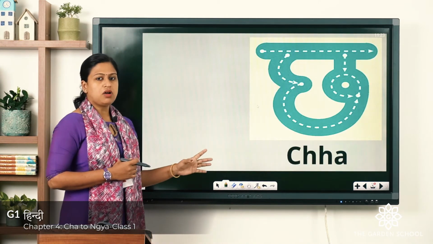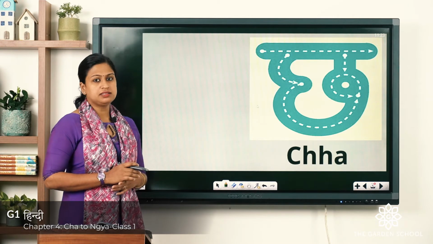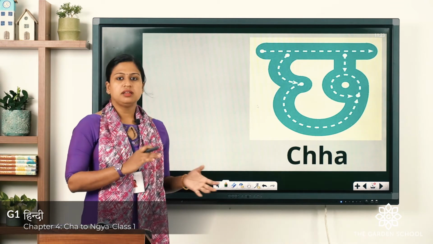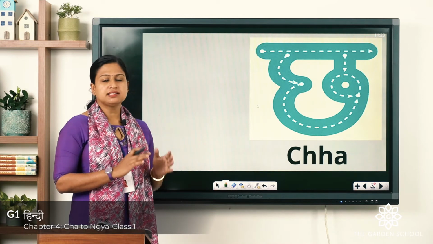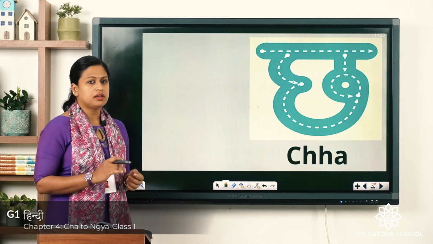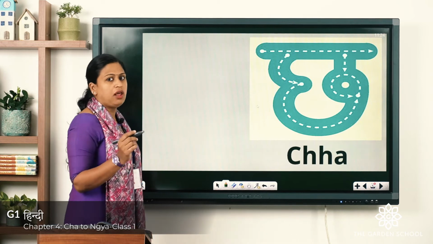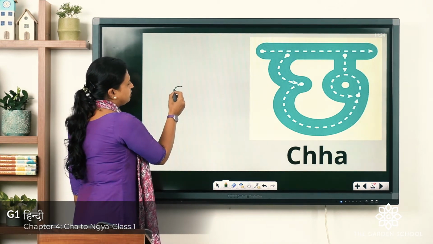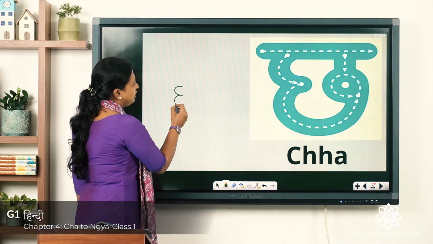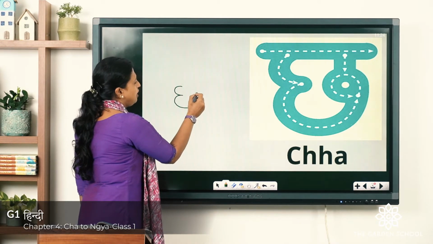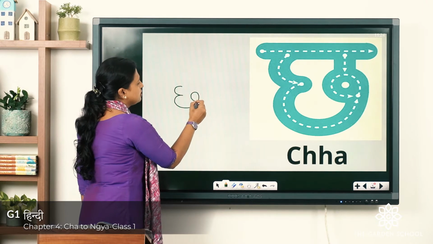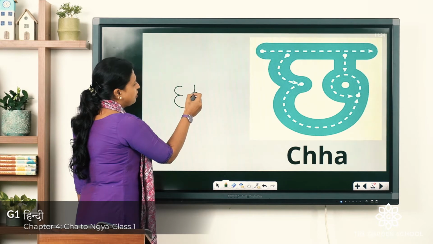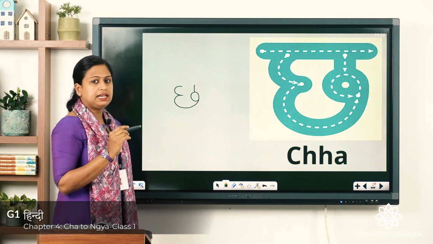The next consonant, the next Vyanjan letter is cha. Before it was cha, now it is cha. It has a ha sound, cha. Now you have to write it along with me. First, you have to write inverted 3, then it goes up and a small circle. On the top, you have to draw a short standing line.